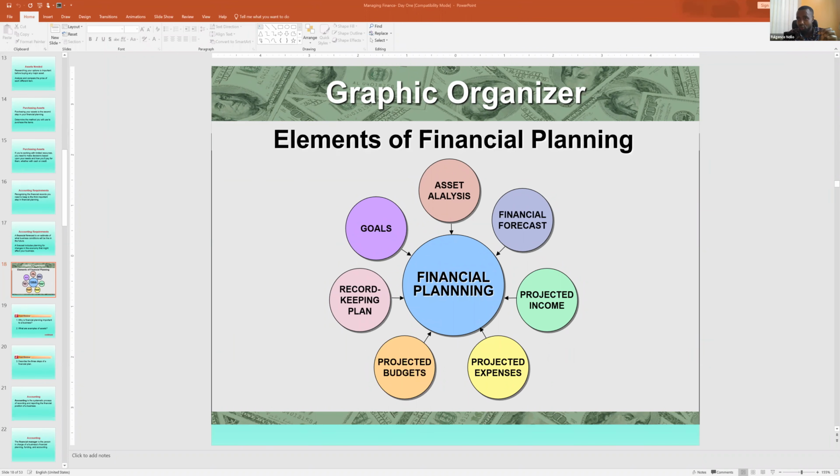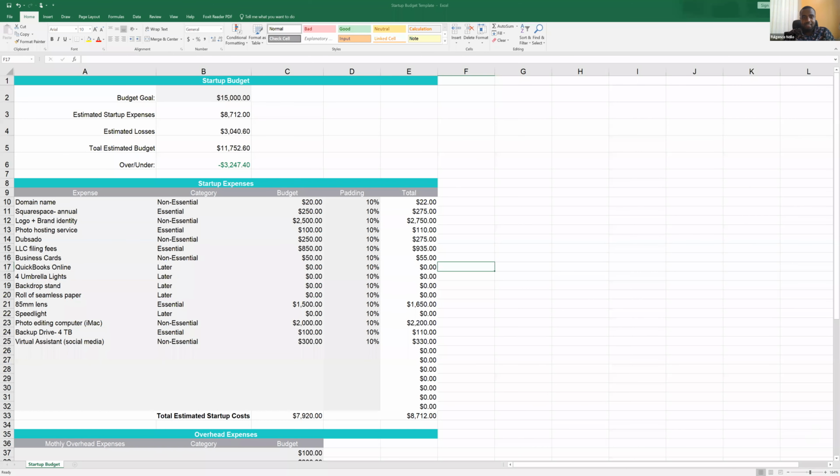Because maybe I'm going to pick 1 or 2 of you to tell us about the goals, so that we're able to work together to come up with this projected budget. So back to my screen sharing, and we are going to start with the startup budget. I hope everyone is able to see it and it's visible.